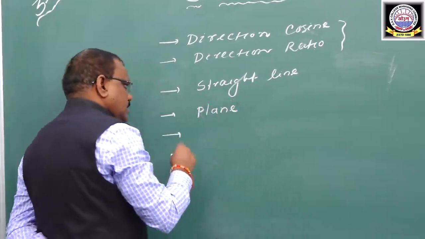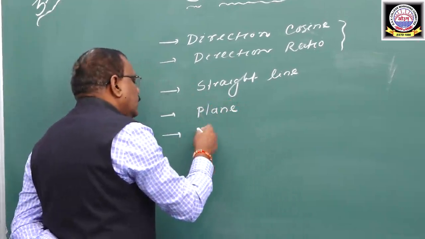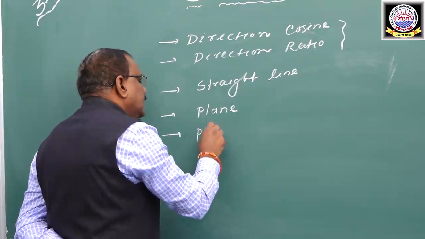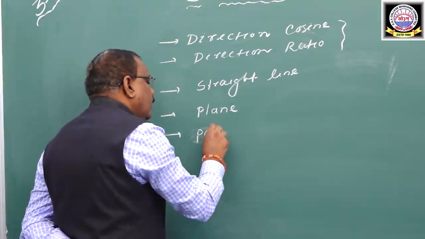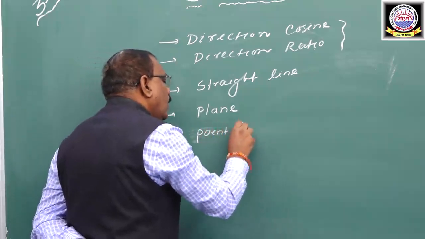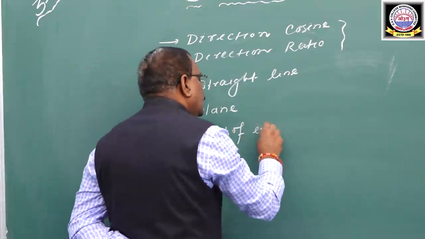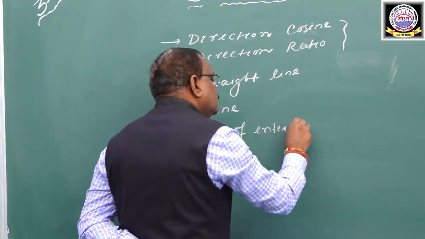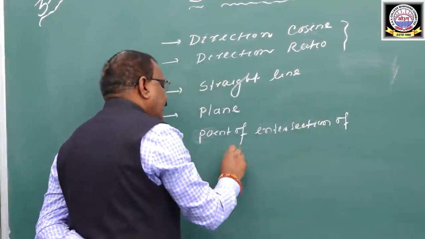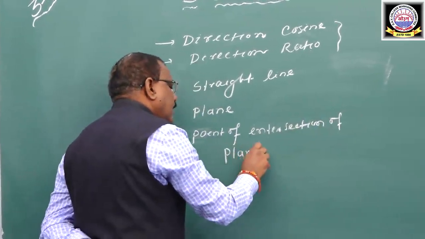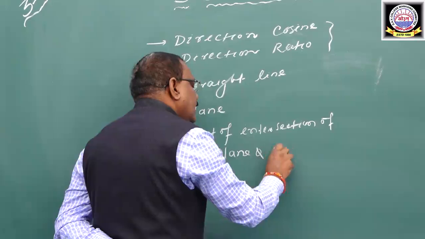Then we will discuss the plane and straight line, or the point of intersection of a plane and a line.